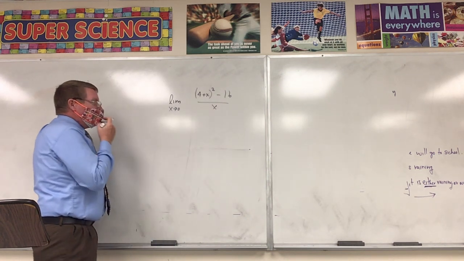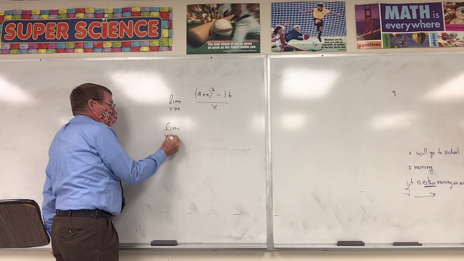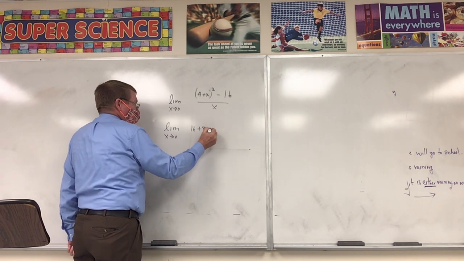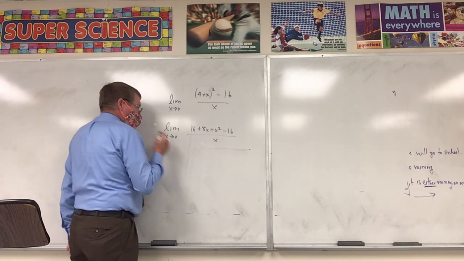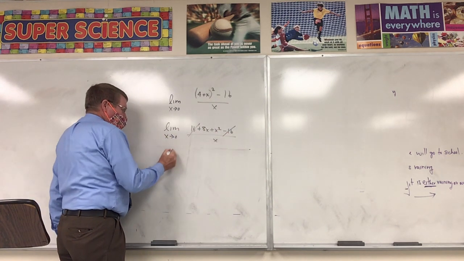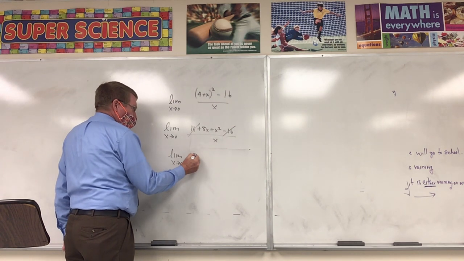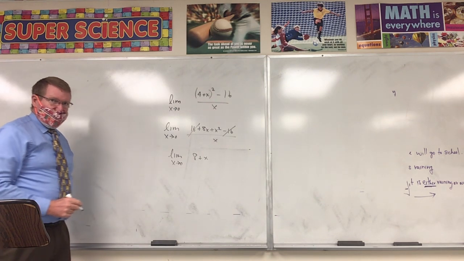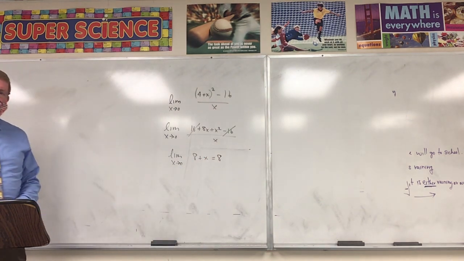Alright, put 0 in, it's undefined, so we want it to simplify. So that's going to be 16 plus 8x plus x squared minus 16 over x. 16's cancel out. So we get the limit as x approaches 0, the x's cancel out, of 8 plus x. Put 0 in. We get 8.